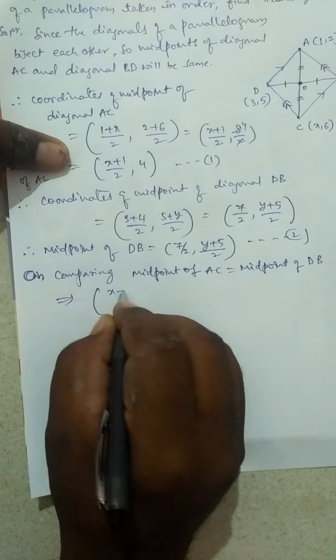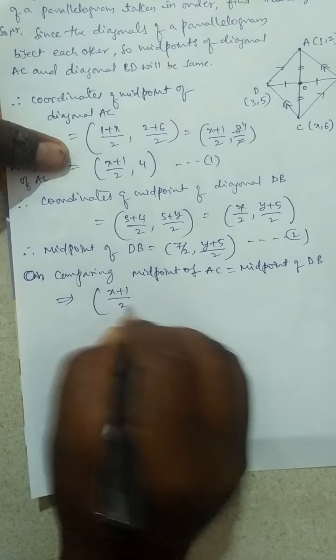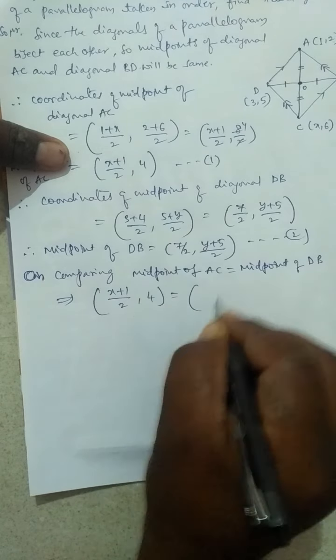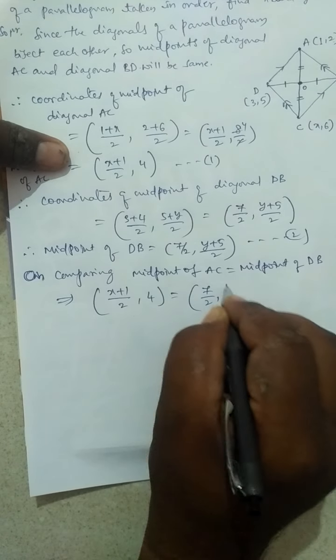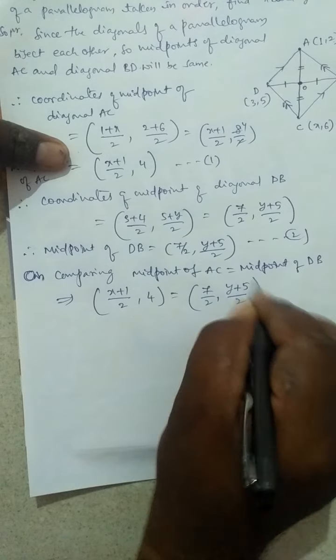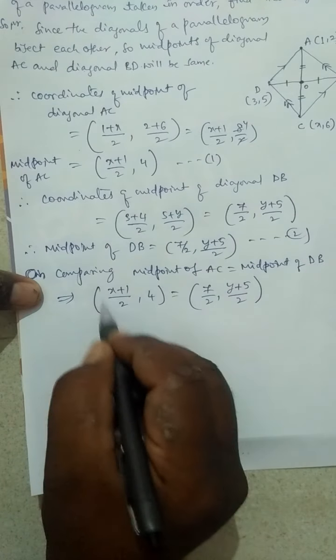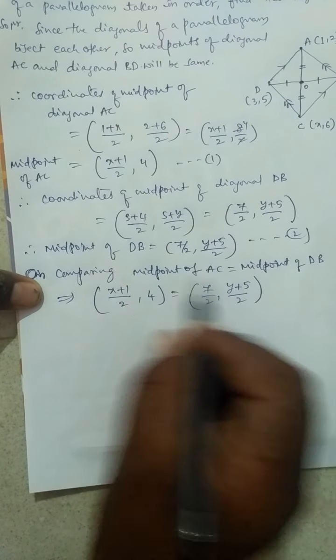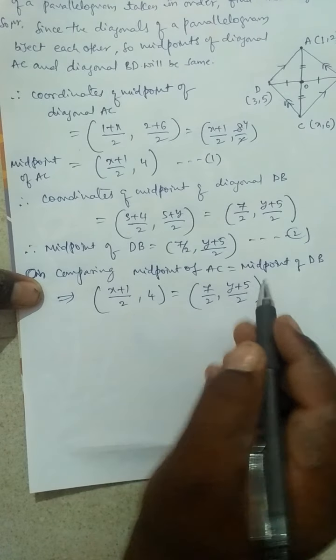So (x plus 1)/2 comma 4 is equal to 7/2 comma (y plus 5)/2. Now the x coordinate we have to compare, and the y coordinate we have to compare.